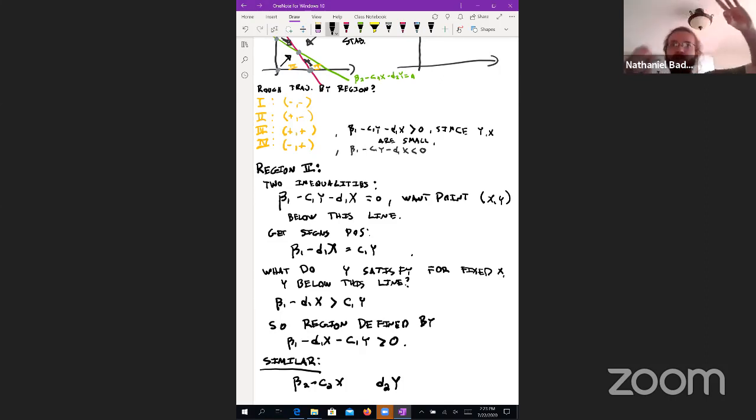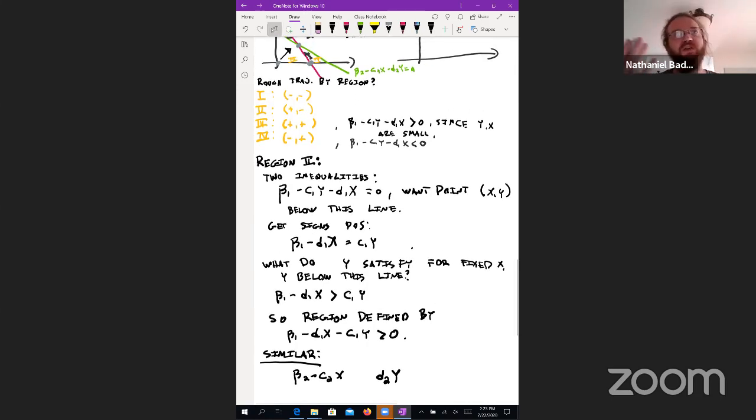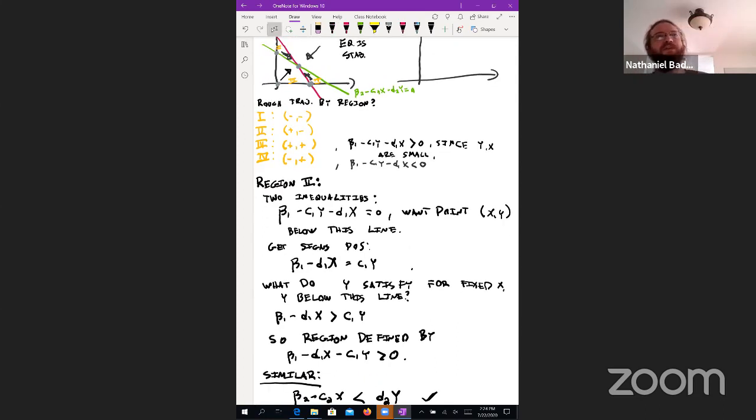Well, if we were on the line, they'd be equal. Don't worry, I was kind of brushing over this a little bit. Dealing with inequalities is always sort of tricky. So of course we want this to be greater. There we go. Check. And I also brushed over something I did want to say something about.